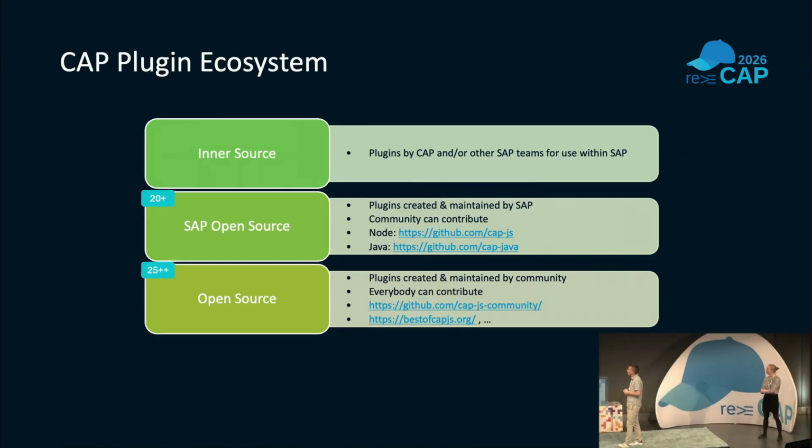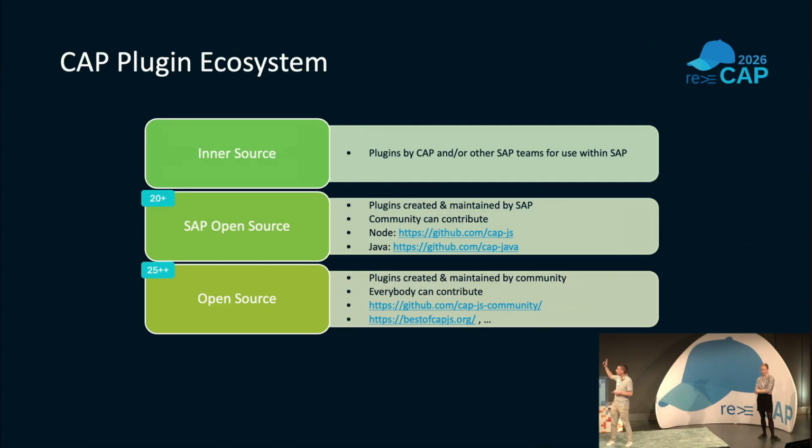So, of course, we use that approach internally within SAP as inner source, for example. So we as a CAP team develop some plugins, but also other teams within SAP implement some plugins for integrating their services, for example. But it's a very open ecosystem. So whenever we can, we also try to make those plugins open source.